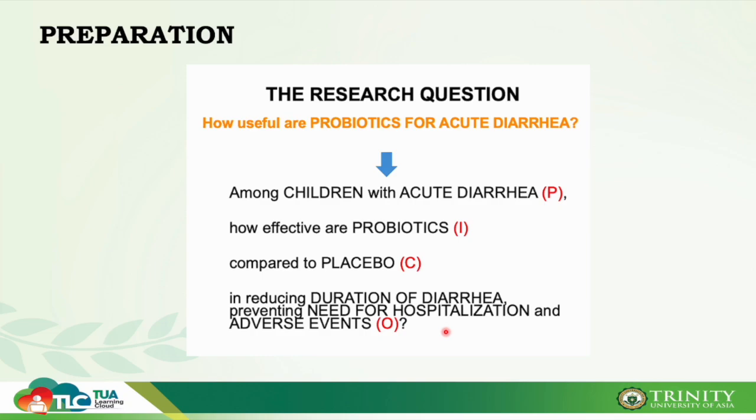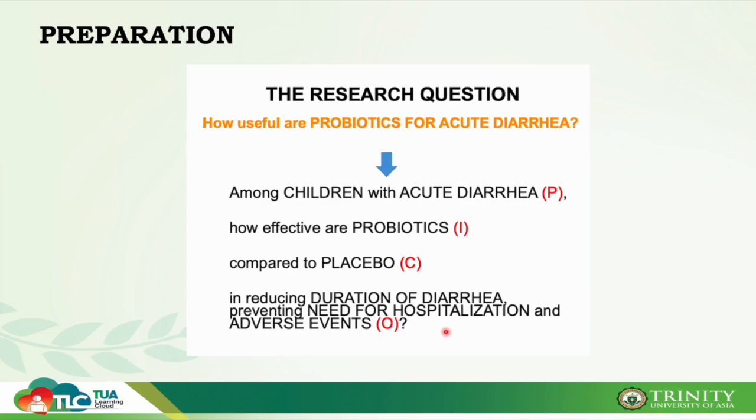So once you identify these variables, alam mo na kung ano yung mga research articles na kukunin mo in your literature review. Siyempre, kukuha ka ng data about diarrhea, di ba? What is its background? Kukuha ka ng research articles about probiotics, ano yung mga bacteria that are used in probiotics.